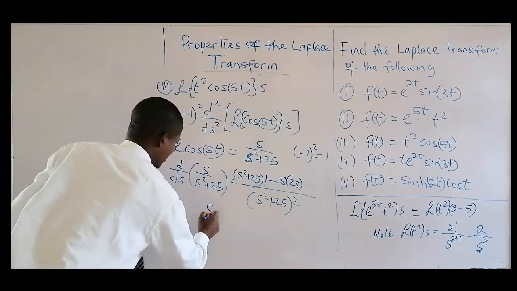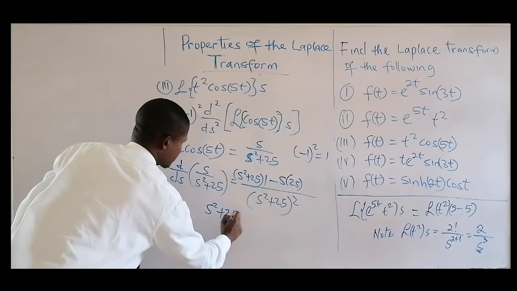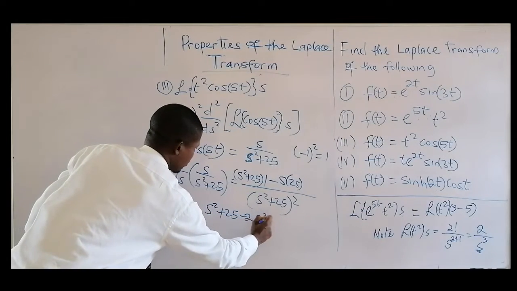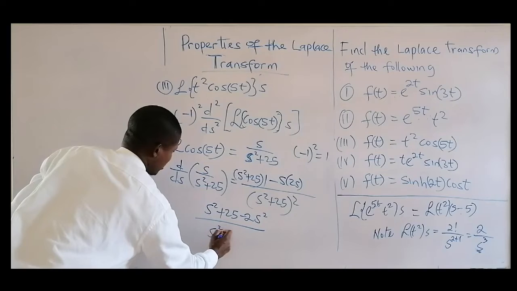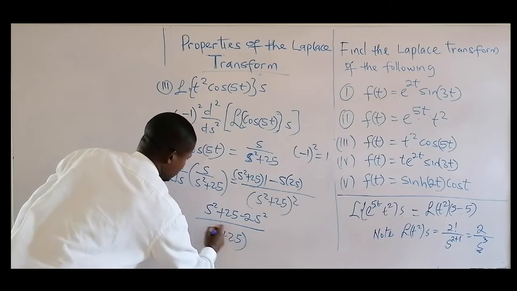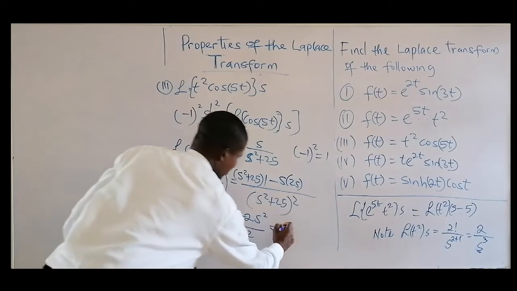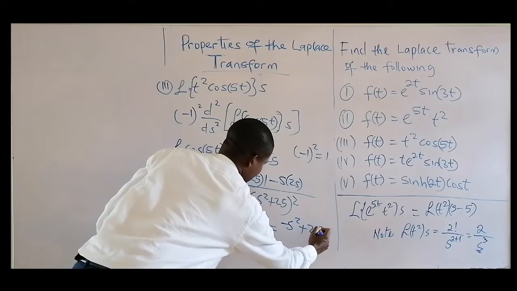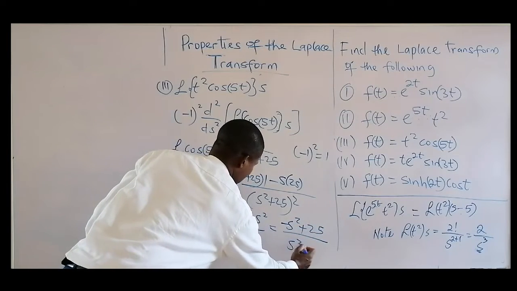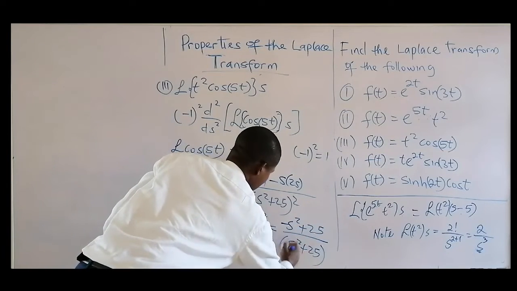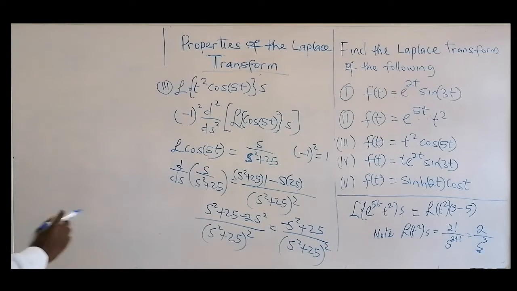We open the bracket, and that will be s squared plus 25 minus 2s squared over (s squared plus 25) all squared, that's minus s squared plus 25 all over (s squared plus 25) all squared. So that's the first differential.